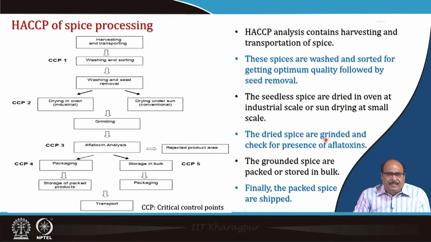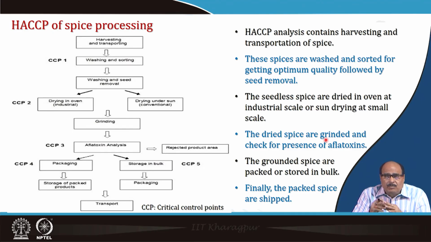contamination, etc. Okay. Here it is the HACCP again for the spice processing, starting from the harvesting and transporting till the storage and packing, the various phases. After harvesting, these spices are washed and stored for getting optimum quality, followed by seed removal.